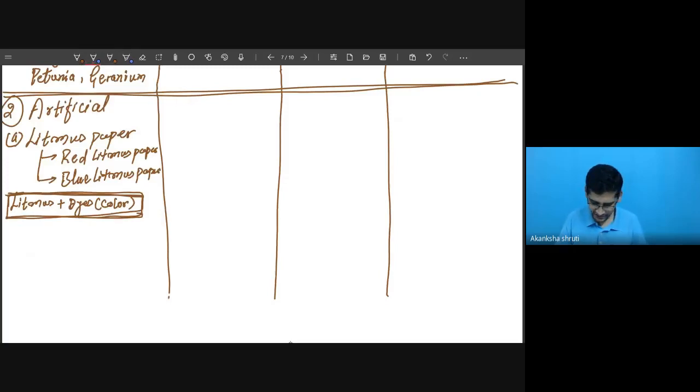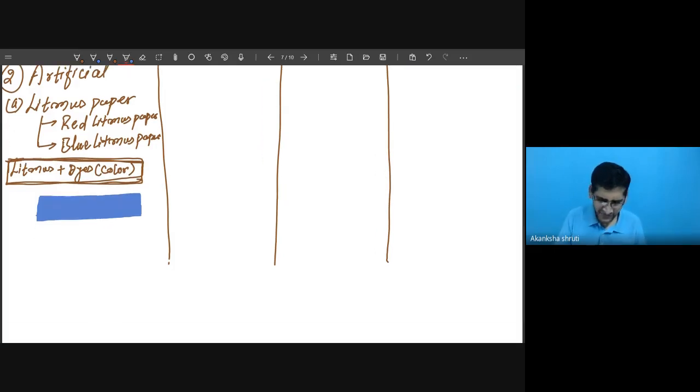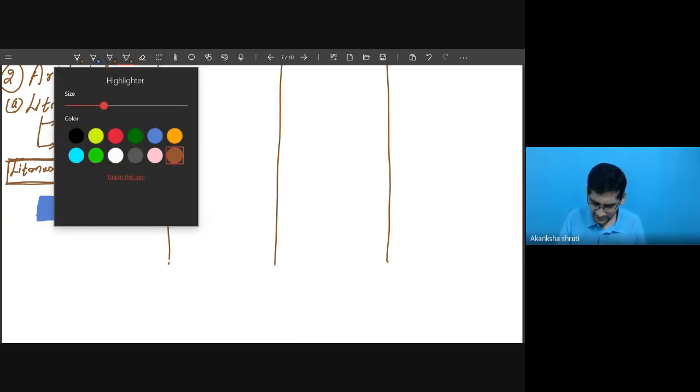When this mixture is put over a paper, it could be in this form. So let me draw. It can give you this blue color paper, or let me take this one. It is the blue color litmus. Another, the red color dye is added in this to get the red color.